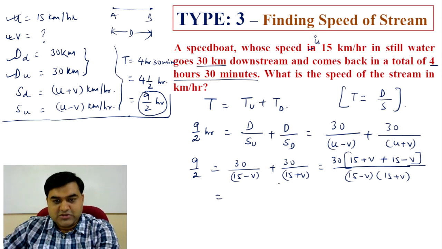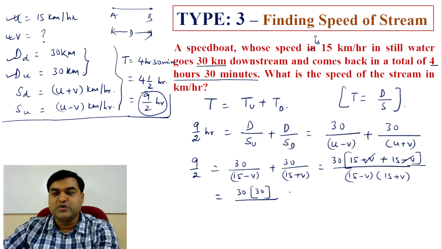Plus V and minus V get cancelled, and this becomes 30. So 30 into 30 divided by (a minus b) into (a plus b), which is a square minus b square. And a square minus b square is what?